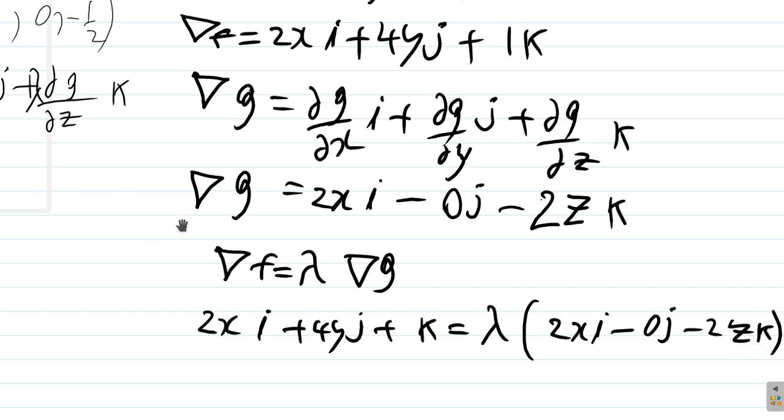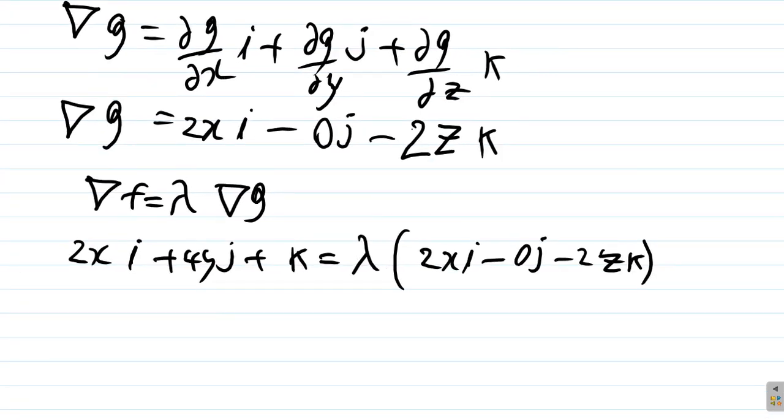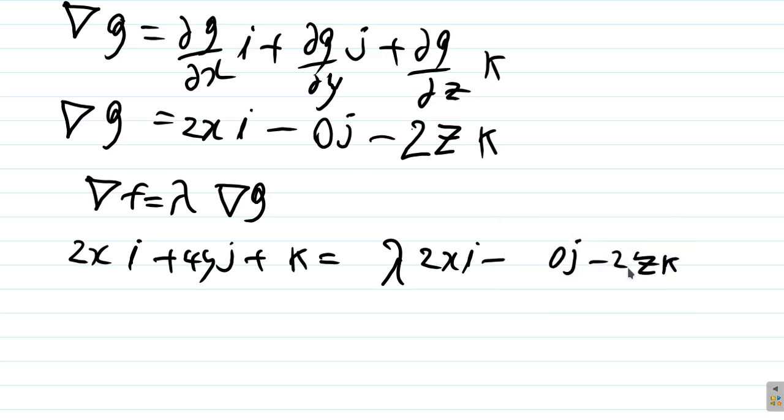Alright. So of course, if we remove the bracket and multiply out the lambda, we would get lambda times each of these. Let me make some space between them for the lambda. Lambda that and lambda the other.